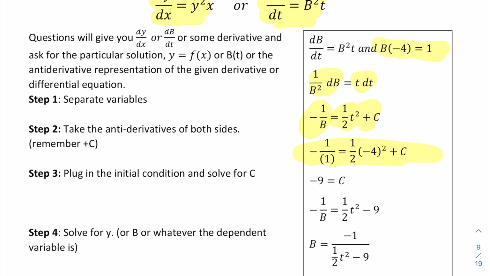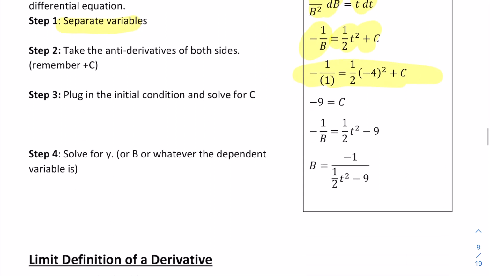You'll see things like use separation of variables to solve for b of t, or you'll see something asking you to find the particular solution, y equals f of x. Realize you're just trying to find the antiderivative of these two functions up here. And then the last step is, once you solve for c, it's just a matter of plugging in that value for c and then solving your equation for b to get the final point.